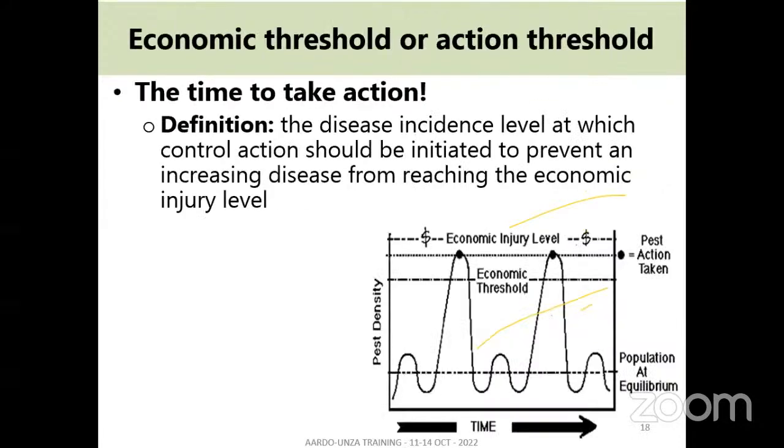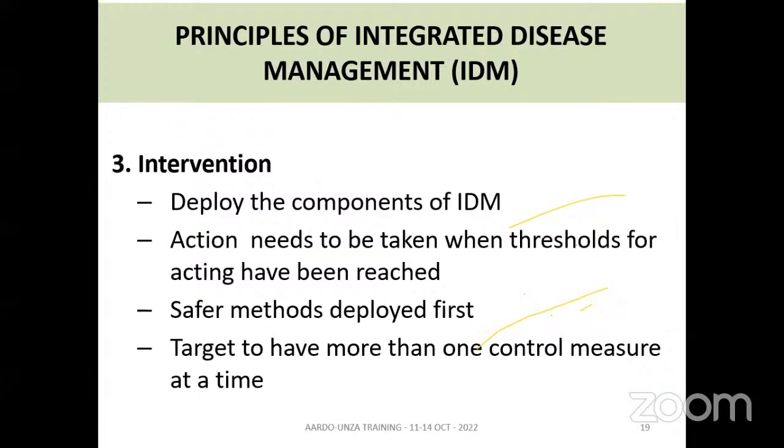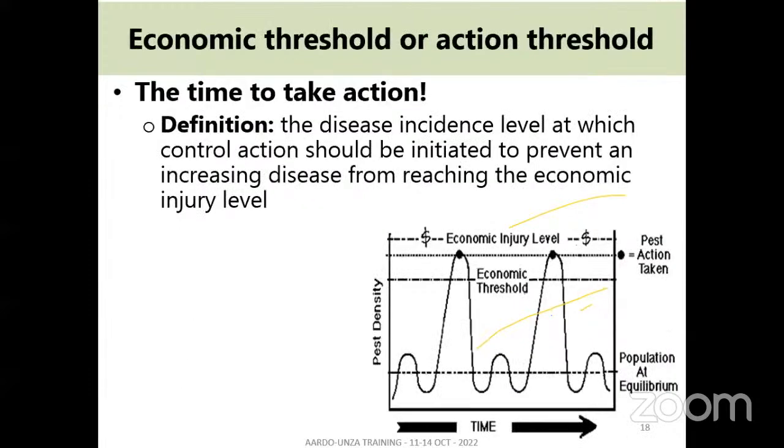Before we come to the last one, intervention, let me explain a little more on the importance of monitoring and when you should take action. Like I said, a spore from a fungus might land on the leaf of a rice plant or a banana plant.